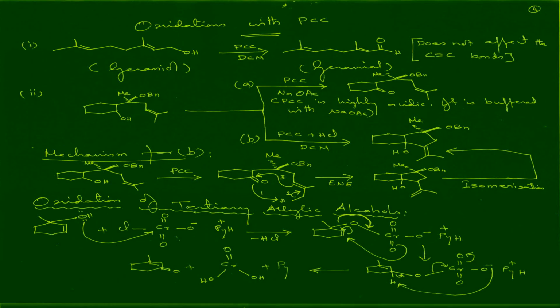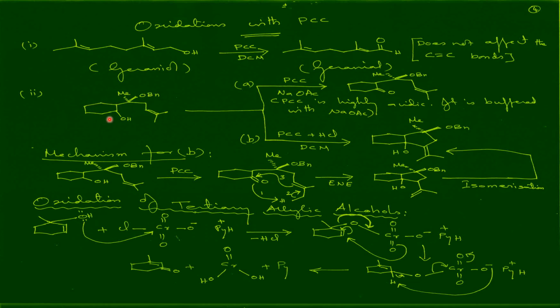Here are a few other examples for the oxidation with the PCC. Geraniol, a terpenoid, a primary alcohol, is oxidized with the PCC to form the corresponding aldehyde, geranial. In the next example, I have given a secondary alcohol.